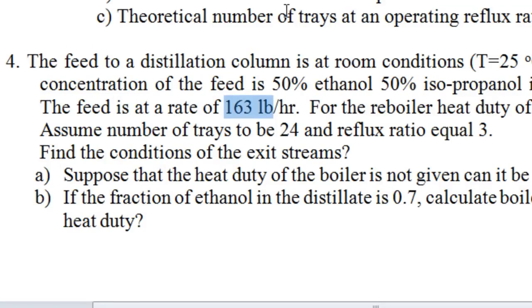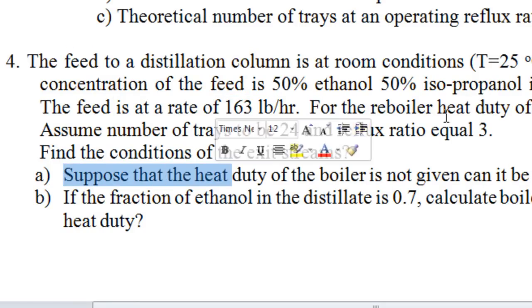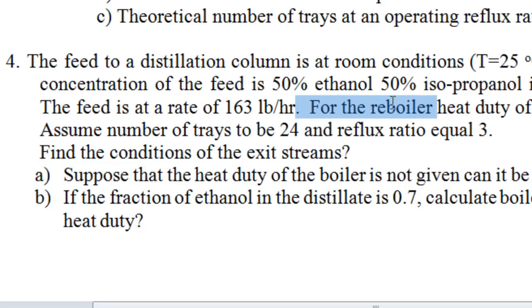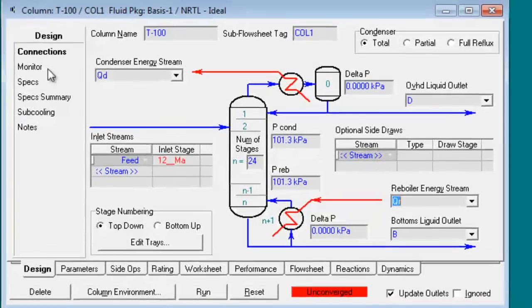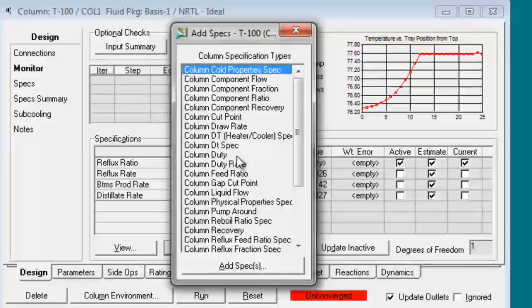Now we return here. It says suppose that the reboiler heat duty is 120,000 BTU per hour. So we go to the monitor specification.